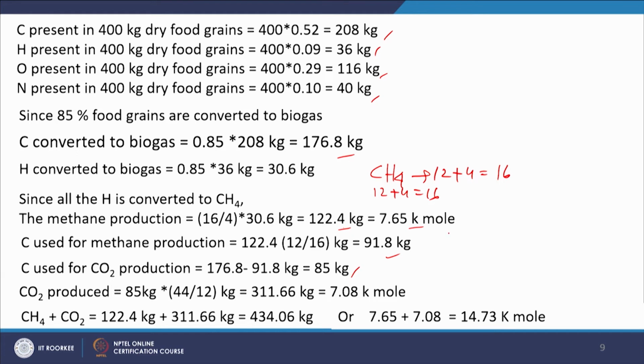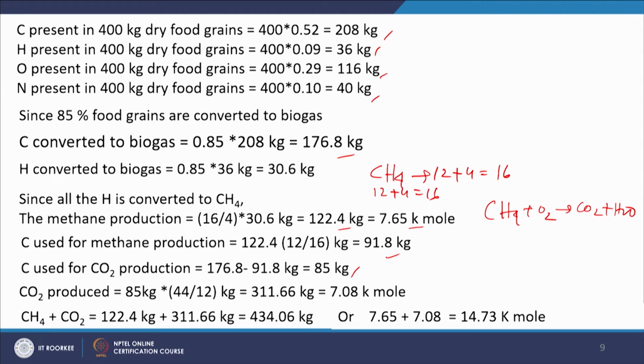And carbon dioxide produced equal to how much? C plus O2, or then CH4 will give us CO2 plus H2O plus oxygen.